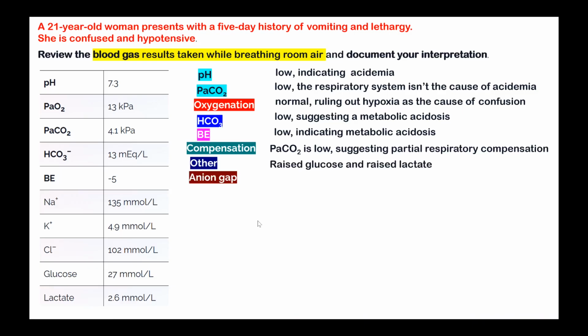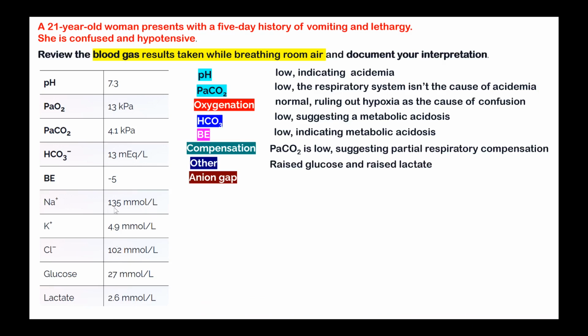Now coming to the anion gap, is it normal or abnormal in this case? How do you calculate anion gap? Difference between measured cations minus unmeasured anions. Don't give me the definition. Here you have to give me the exact value. Sodium minus chloride plus bicarb.